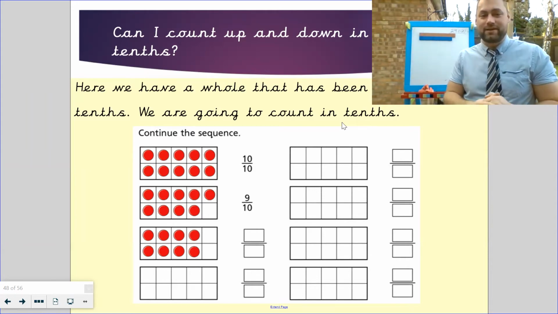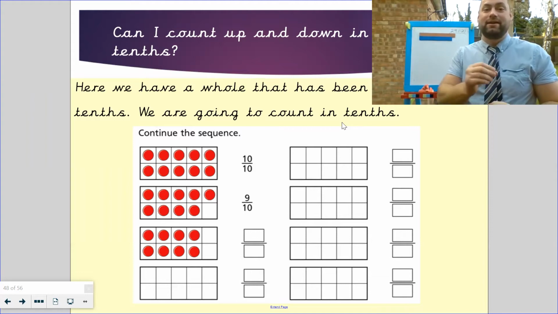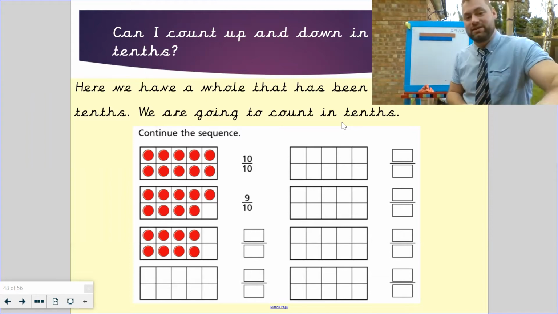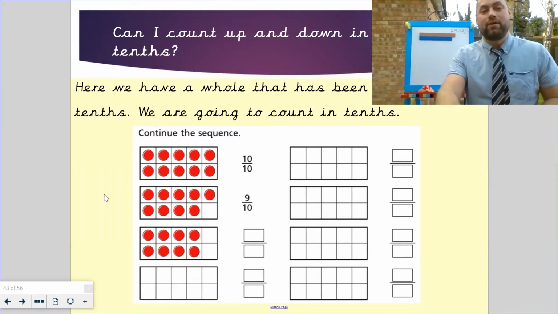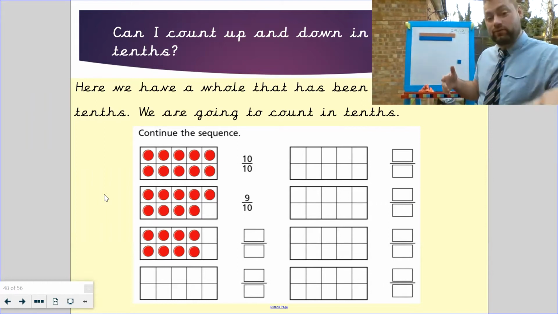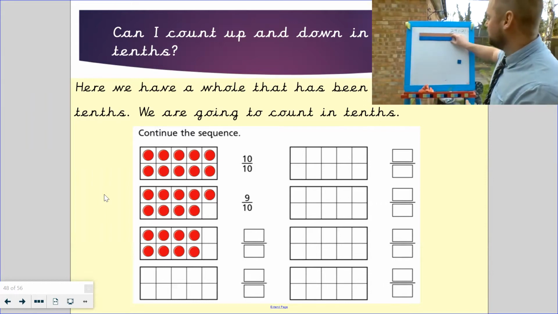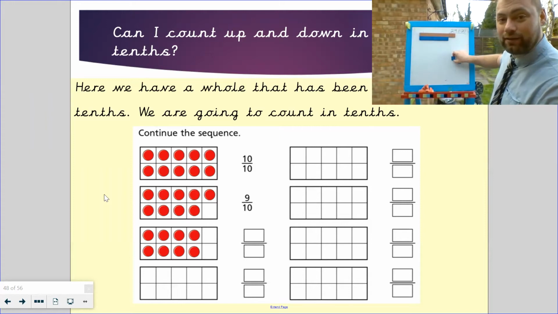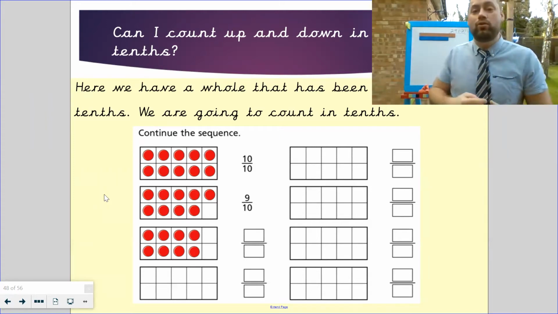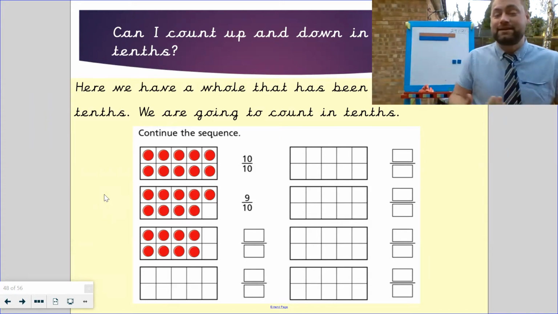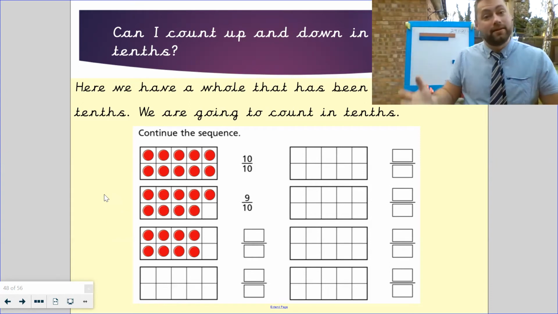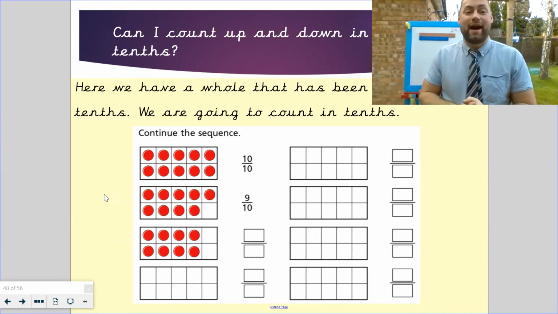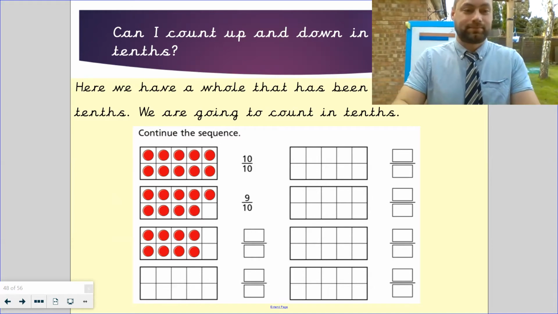Now you can see we've taken away another tenth, because in our picture down here we've got 2 missing tenths. So we've taken another tenth away. If we've taken one more tenth away from 9, how many tenths are we going to have? That's right, we're going to have 8/10.